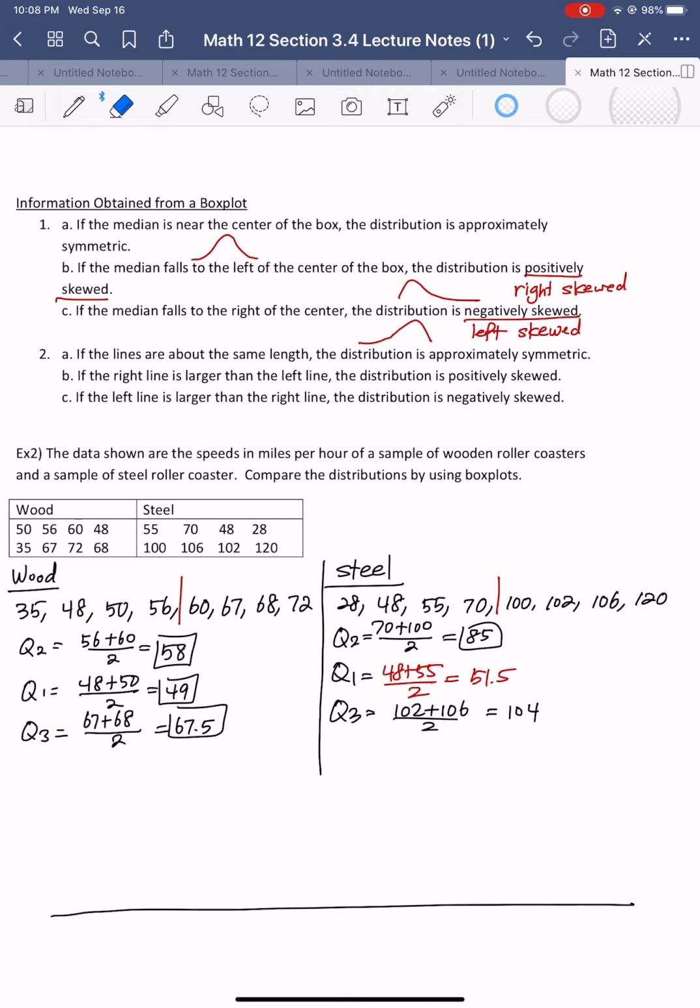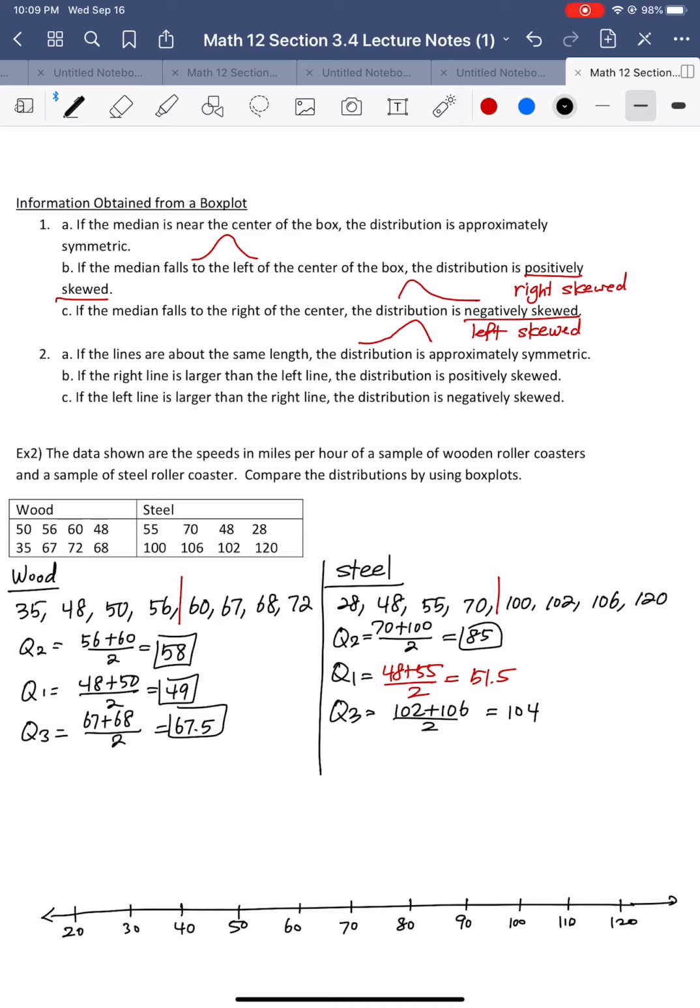So I'll start from 20, and 30, 40, 50, 60, 70, 80, 90, 100, 110, 120, and then 130. Okay, so let me put down the steel first.